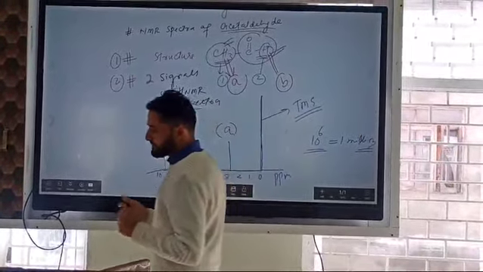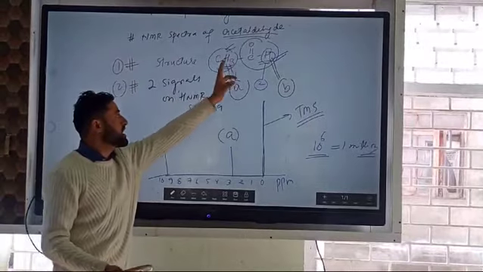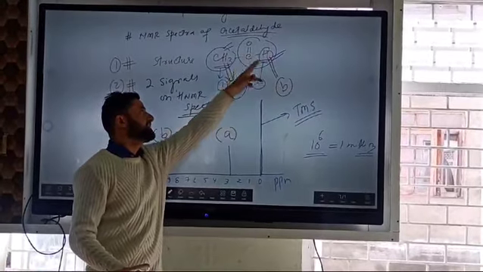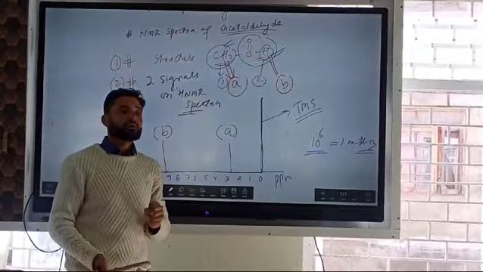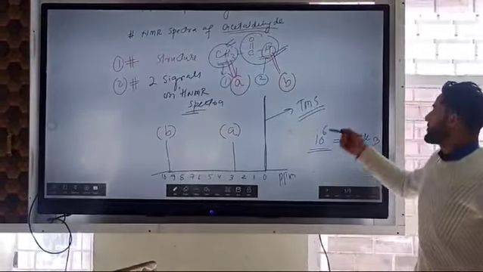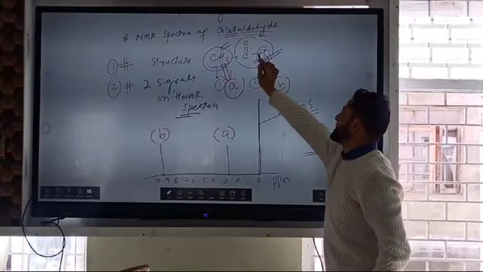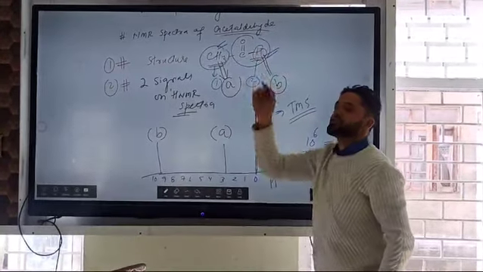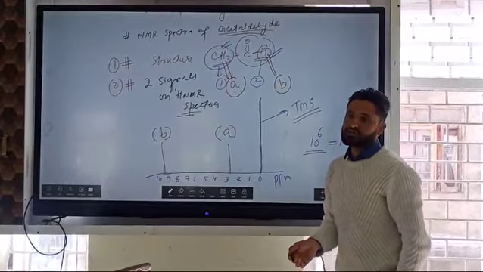The reason is because this proton B is directly attached to the electron withdrawing group. So it basically takes all the electron density towards itself.